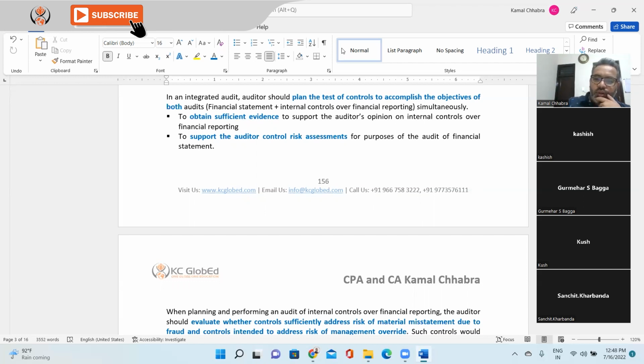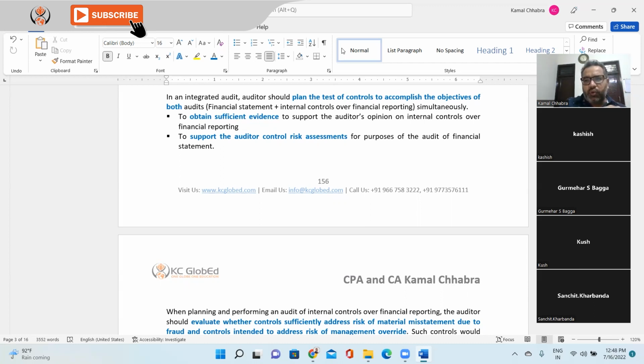Any idea what dual purpose audit sampling is? So when we use the same sample for our test of control and the same sample for test of detail. Yes, absolutely true. So when you are using the same sample for test of control to test the attribute, we'll be coming to that. What is attribute testing? In test of control, we do not test the value.